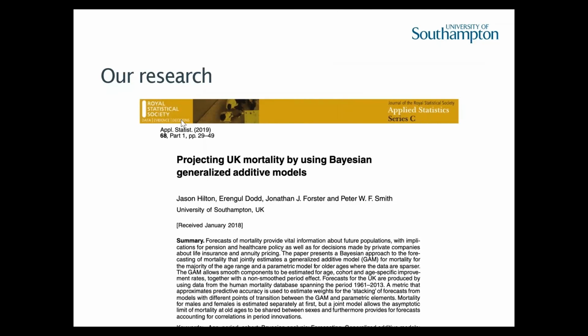Okay, so after producing the English life table 17, me and my colleagues were involved in a project to review the current practice of setting the mortality assumptions in the UK national population projections, again carried out at the Office for National Statistics.